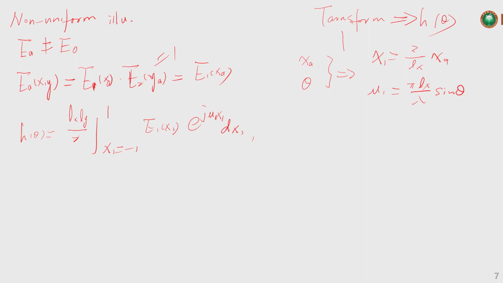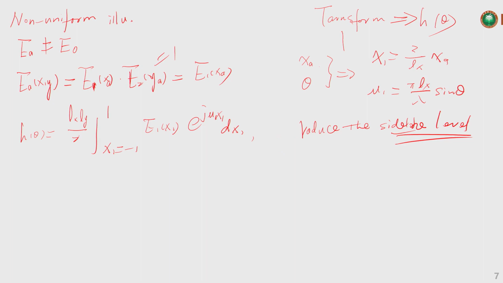Okay, and here our aim is to reduce the side lobe level, alright? Reduce the side lobe level.